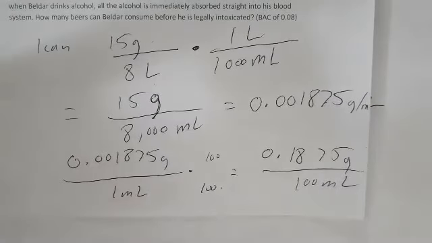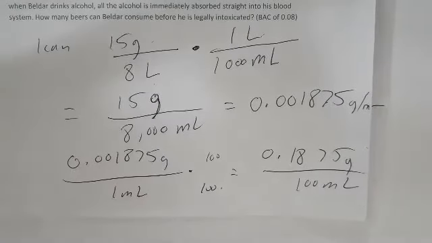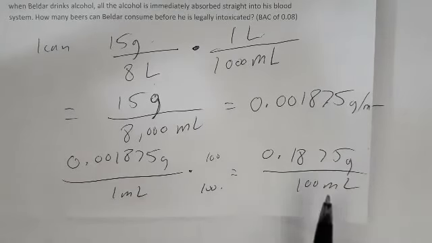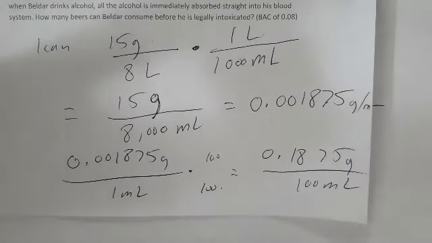The legal limit is 0.08, and the question asks how many beers he can consume before he's legally intoxicated. Well, after one can, he has 0.1875. He's already over the limit at 1 beer, over twice the limit. So he cannot even drink 1 and go.